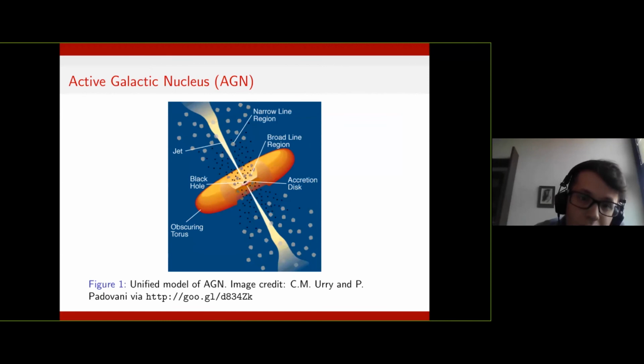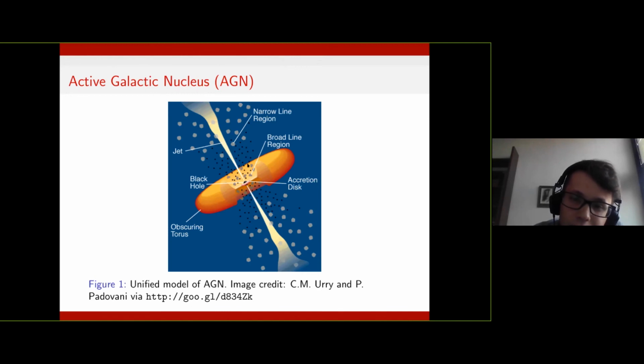So first, I would like to introduce and remind the unified model of an active galactic nucleus, or AGN for short, which points out the existence of a supermassive black hole at its center, which is supposed to be surrounded by an accretion disk.